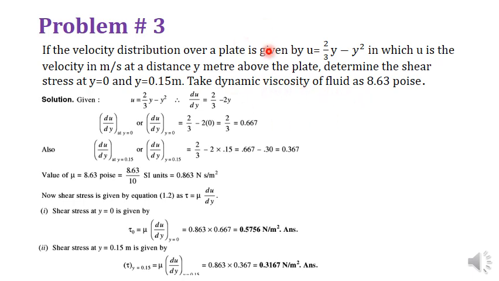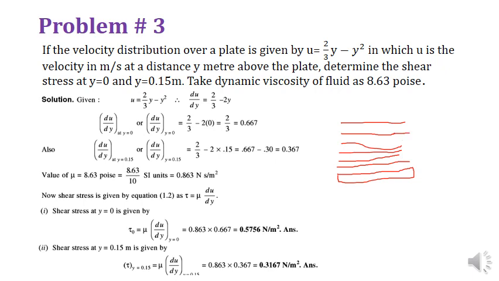So what is given and what needs to be determined? Here first of all, the velocity profile is given. Velocity profile means that if you have one plate like this, and the water is flowing over the plate in layers, like this.